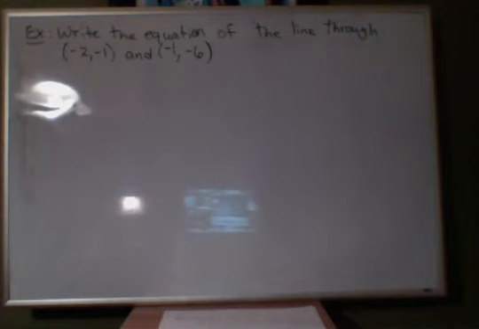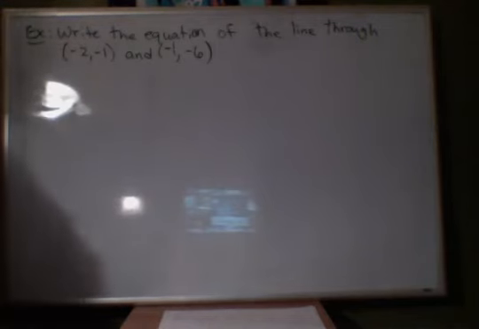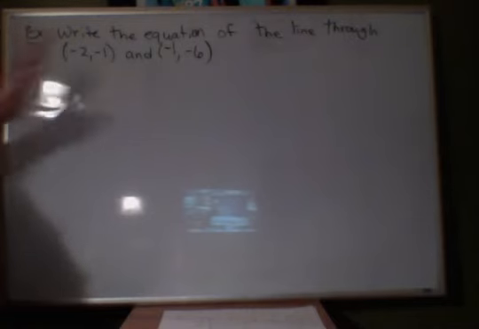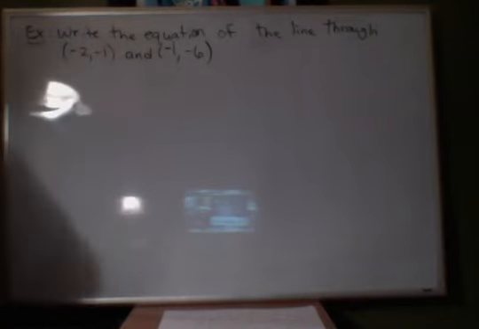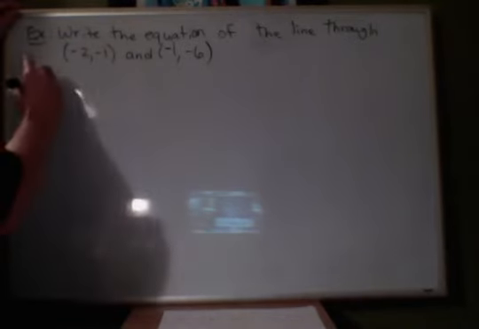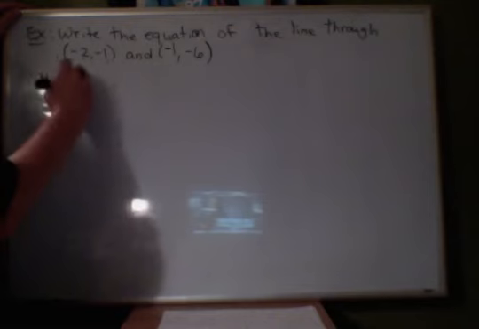Okay. Now, again, in order to write the equation of a line, really either one, either slope-intercept or point slope, notice that we need to know the slope. I don't know the slope yet, but since I have 2 points, I can actually use the slope formula to find it. So I'm going to say I need the slope.